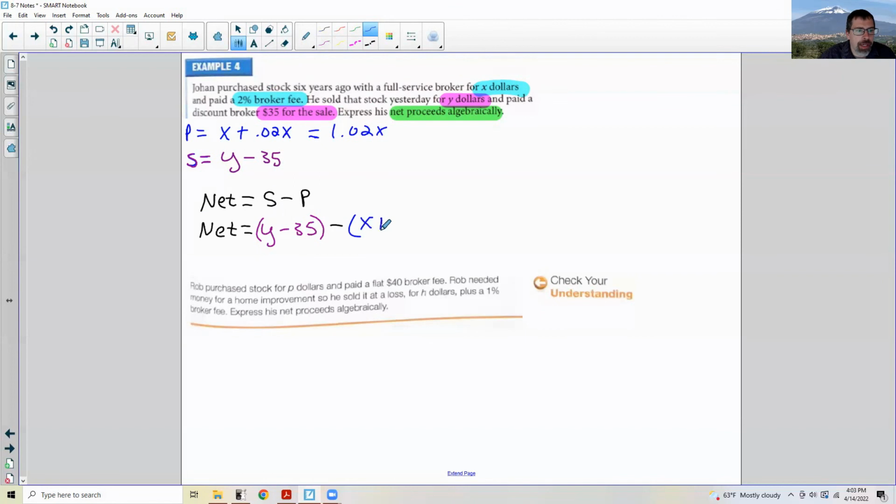I'll put it this way, X plus 0.02X. Okay, so it's Y minus 35 minus X plus 0.02X. All right, or I could have used this. So you could also have said the net is Y minus 35 minus 1.02X. And I didn't need the parentheses there, but anyway.